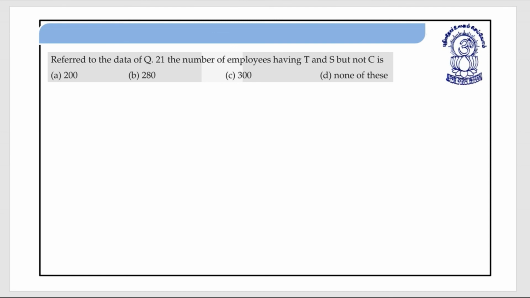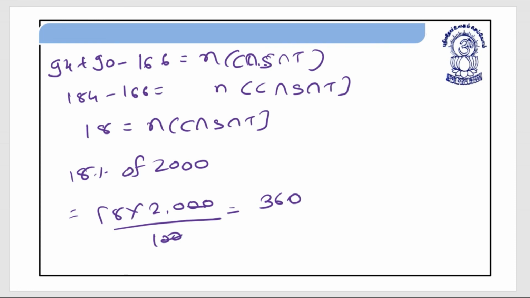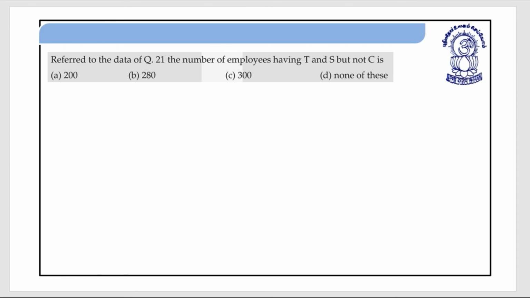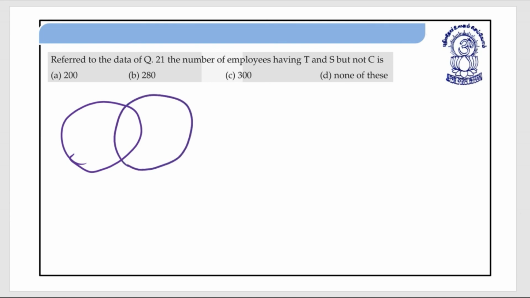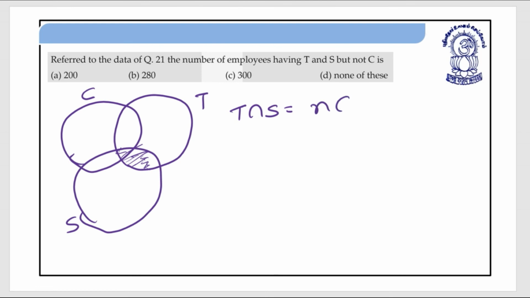So here C, T and S. T intersect with S, this one is the area intersection.